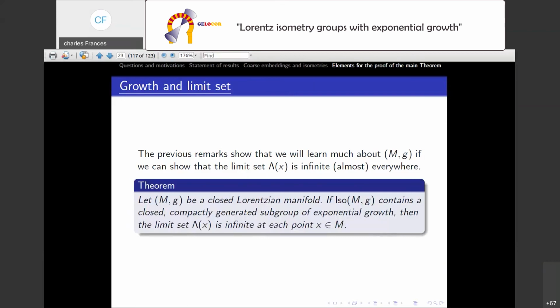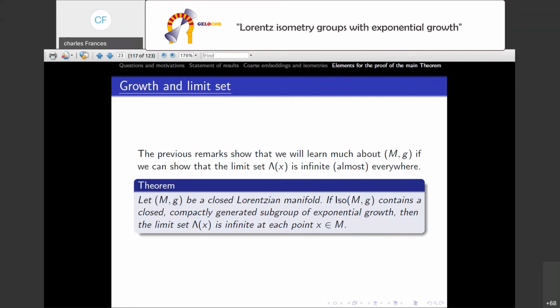If the isometry group of a Lorentz manifold contains a closed, compactly generated subgroup of exponential growth, then the limit set is infinite at each point. So you have all those nice geometric objects, foliations, Killing fields, etc.